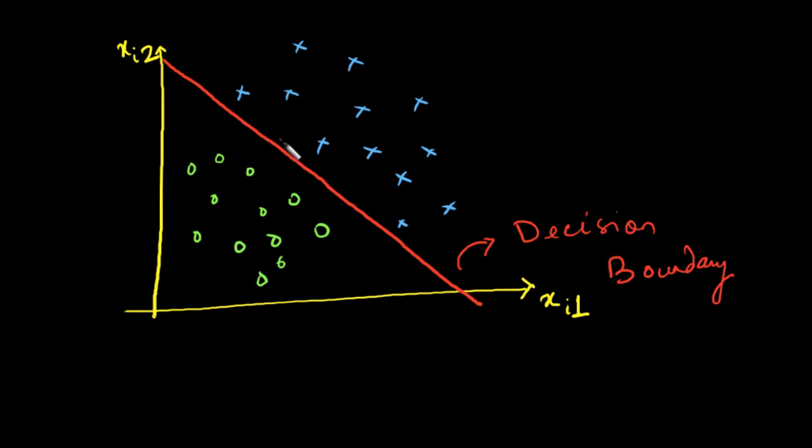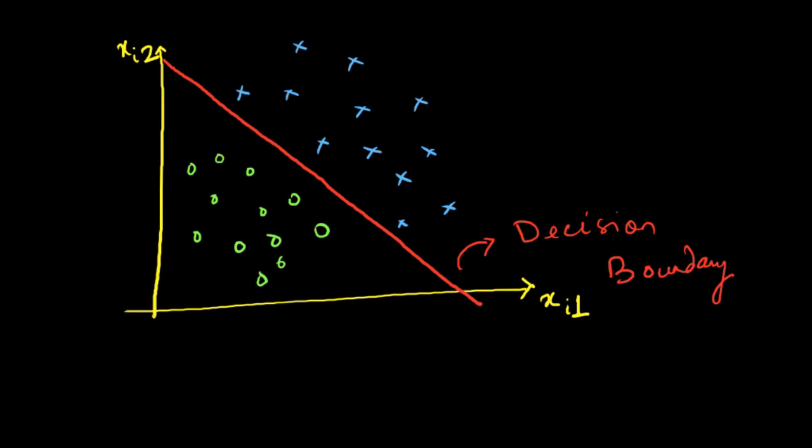So as you go farther and farther away from the line on this side, your h should become closer and closer to 1. And as you go towards this side, farther and farther, your h should become close to 0. So now h will depend on xi1 and xi2 and the parameter values.